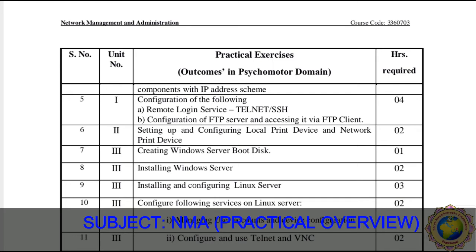How do we connect with a wired printer as a local print device and a wireless printer as a network print device? This is very easy to understand, and this practical requires 2 teaching hours. Then practical number 7 is creating a Windows Server boot disk.